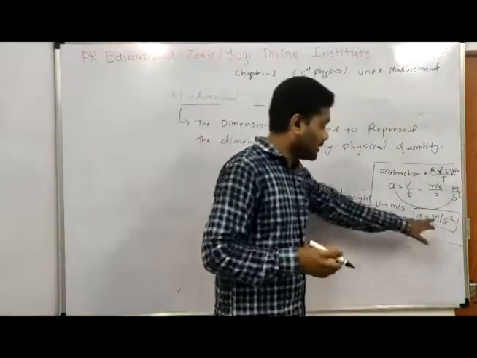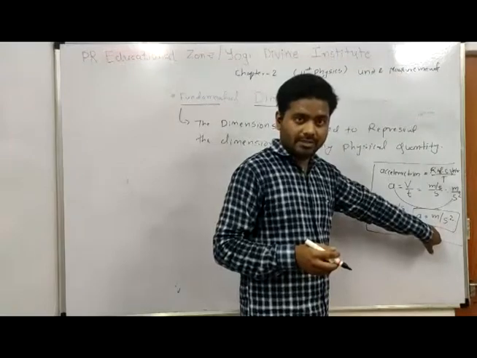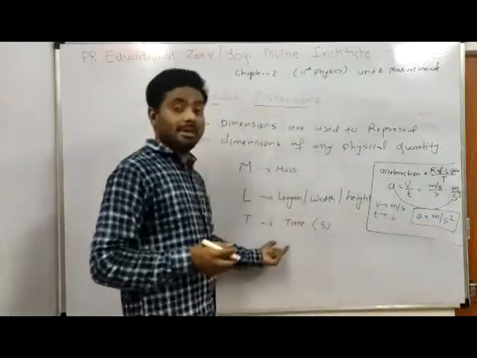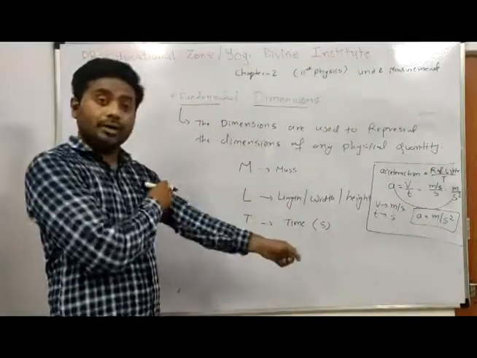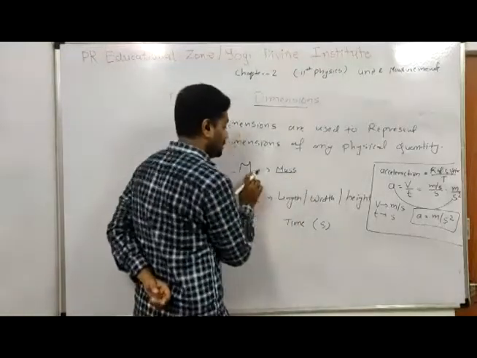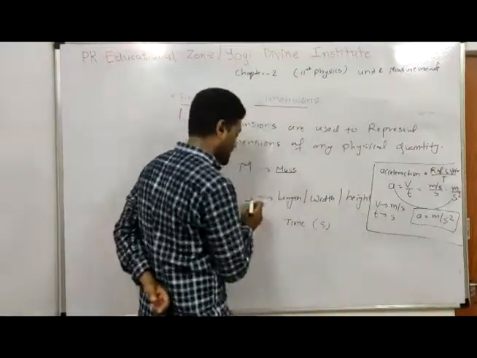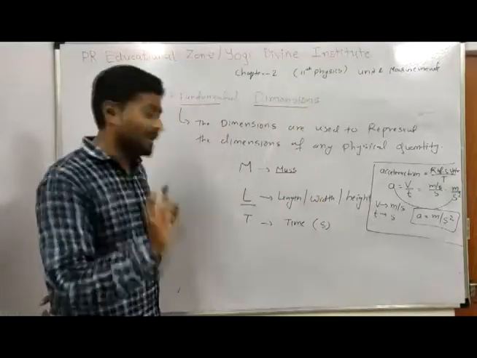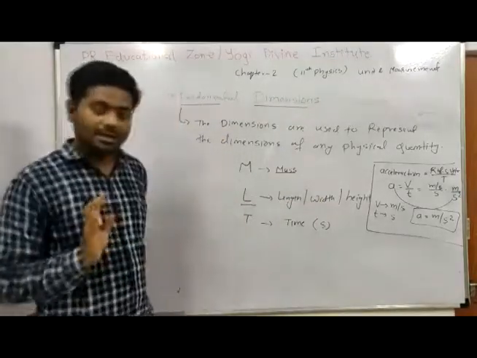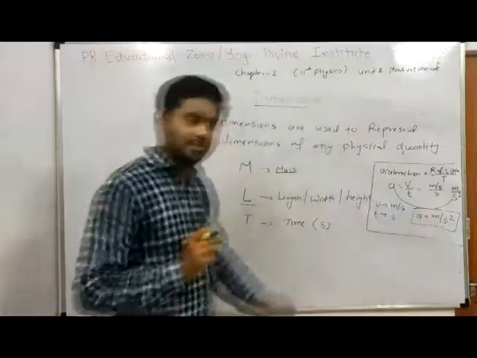Fine. So how to represent this physical quantity in terms of fundamental dimensions? As I already told you, in place of mass you put capital M, in place of length, width and height you put L, and in place of time you put T. Clear? So take the dimension from this figure.